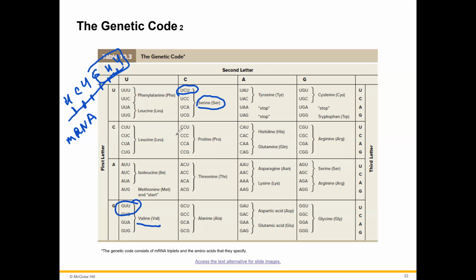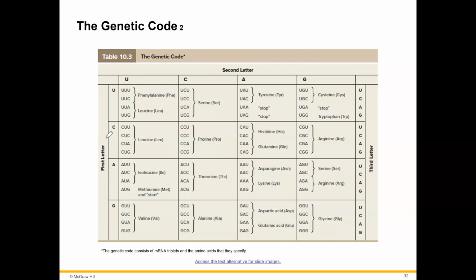So each amino acid, and we have 20 amino acids, is coded by a different triplet. That's called the genetic code. Here's our first letter, here's our second letter, and this is the third letter.